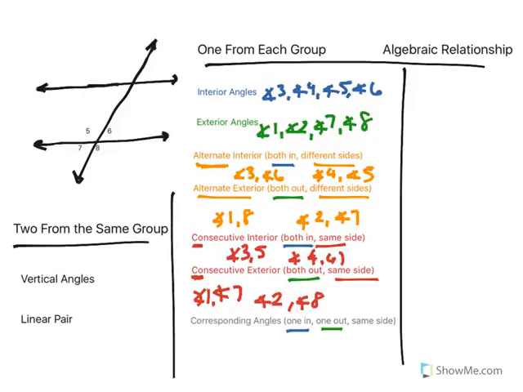Another way that we can classify angles in the transversal is as corresponding angles. So again, we have the co, which means together. So these angles are going to be on the same side of the transversal, but one will be interior and one will be exterior.